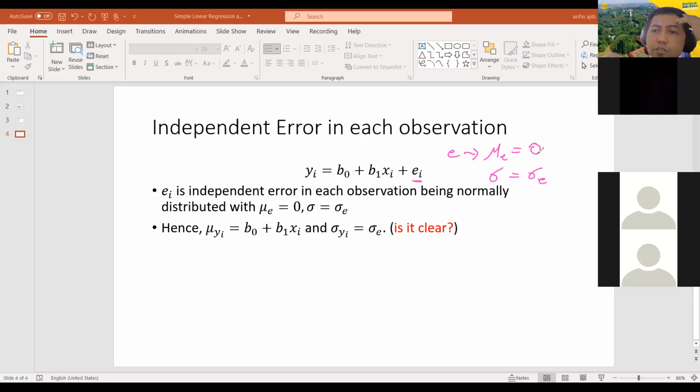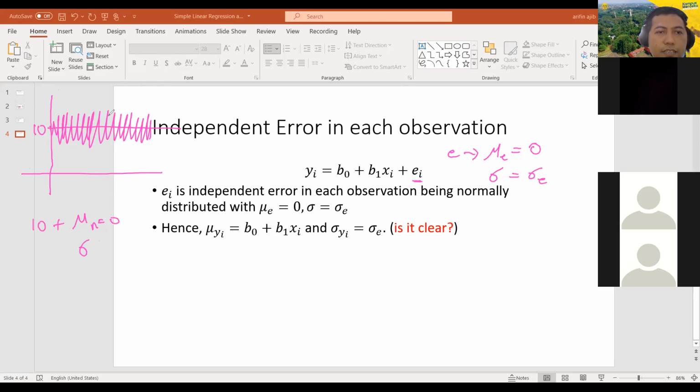Usually the error has a mean of 0. If you look at this DC ripple, it goes up and down, but the mean is still 10. So it's equal to 10 plus the mean of noise, which is 0. But the variance is the variance of error. I hope it's clear.